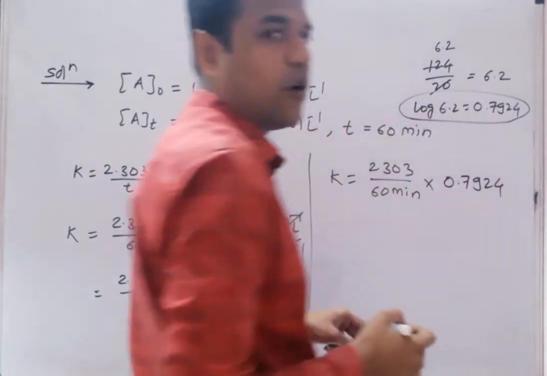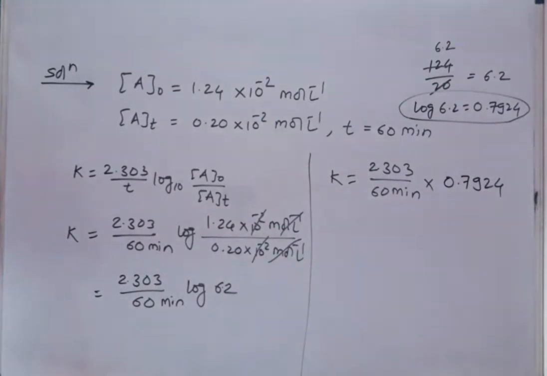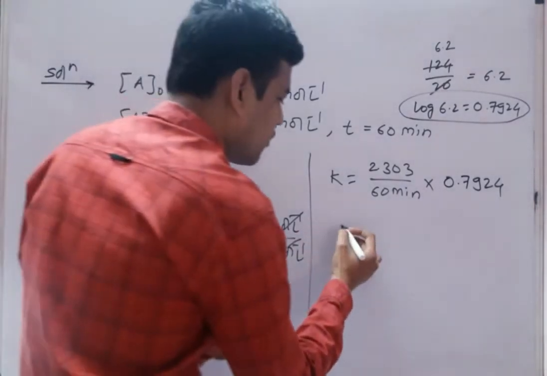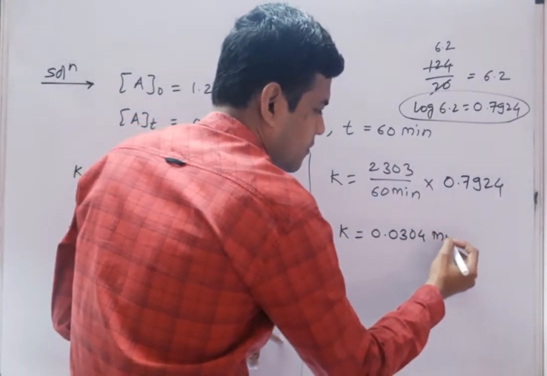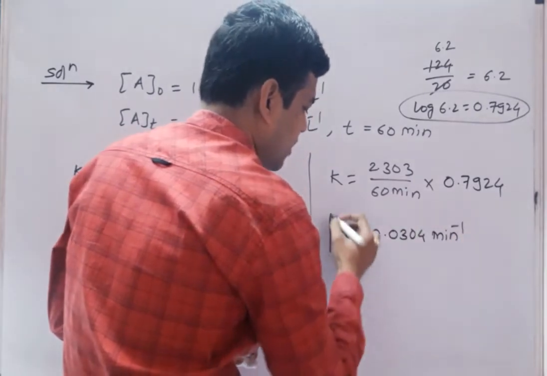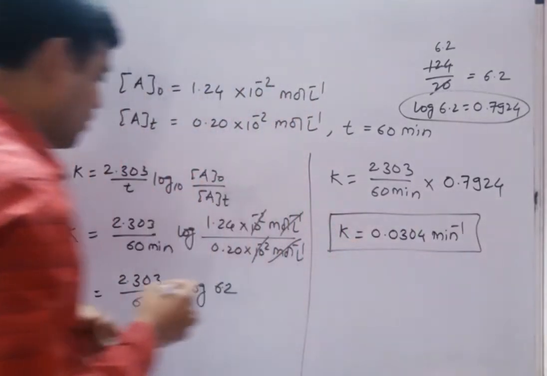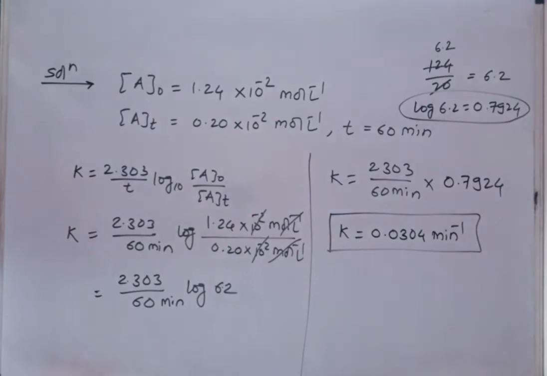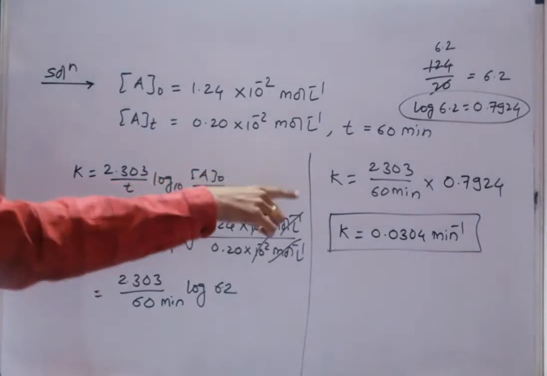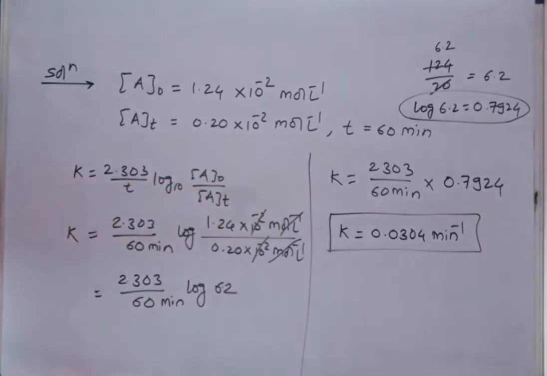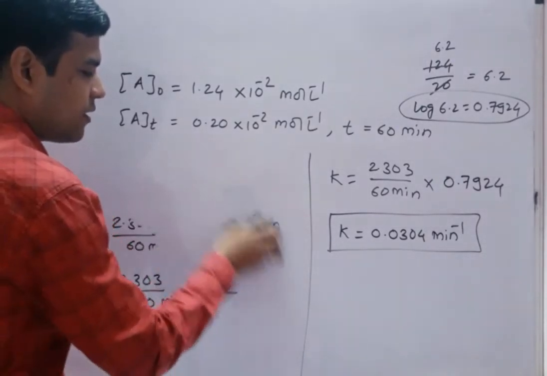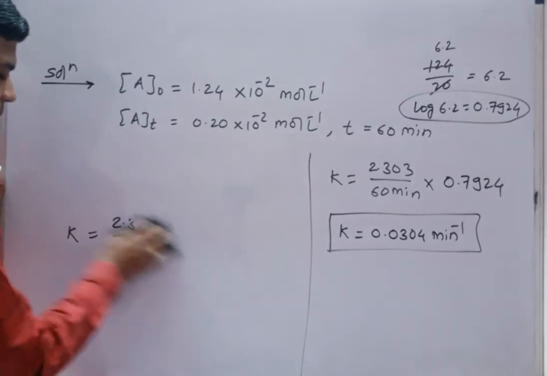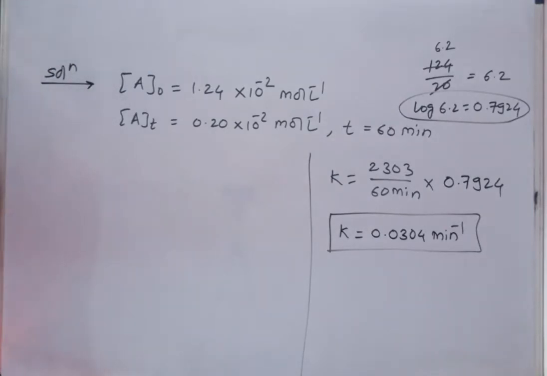Now if you multiply this, you will get the value 0.0304 per minute as the rate constant here. Now we will see how this is calculated by log calculation. Take the log calculations and you will understand how it is calculated.